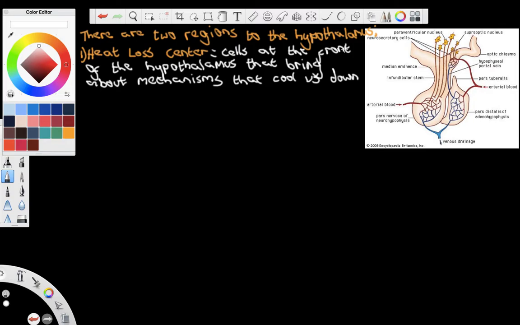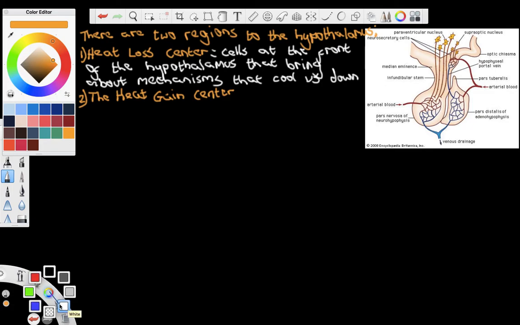Okay? On the other hand, there are some cells at the rear of the hypothalamus known as the heat gain center. So number 2, the heat gain center. Now these are the opposite.